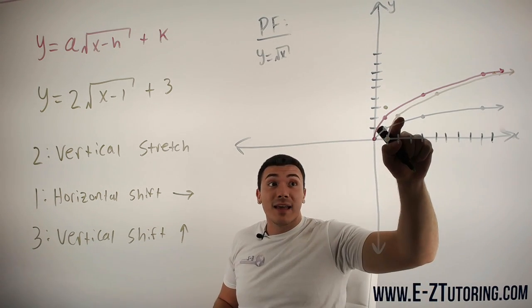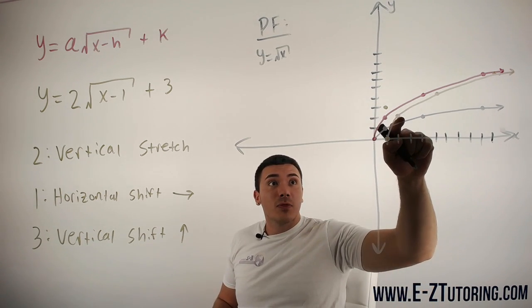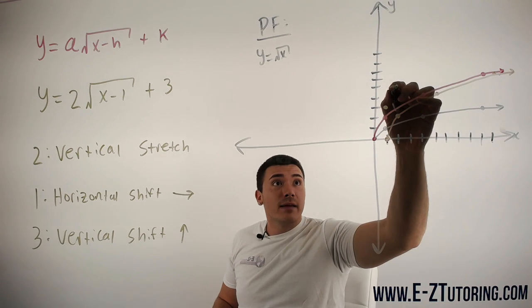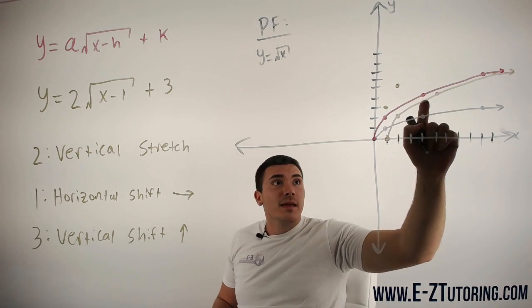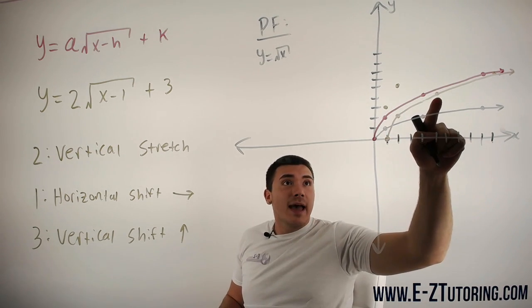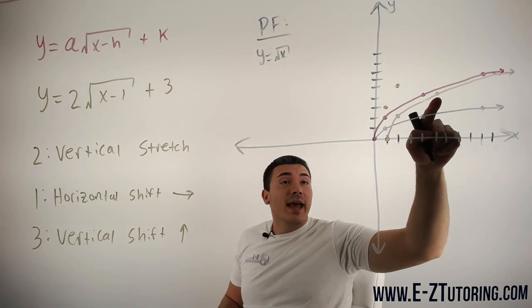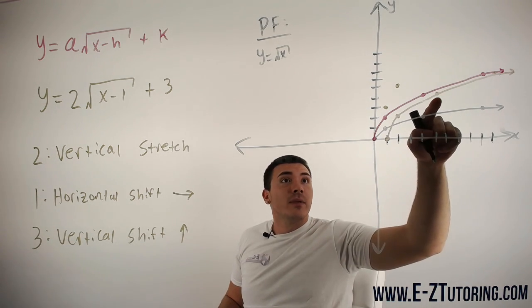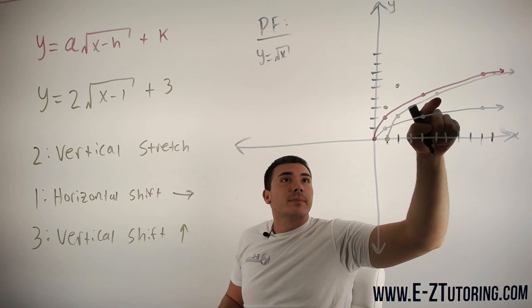We look at this one. It's at a y coordinate of 2. So we go up 3, which puts us at 5. This one is at 4. So we add 3 to it. And that puts us at 7.